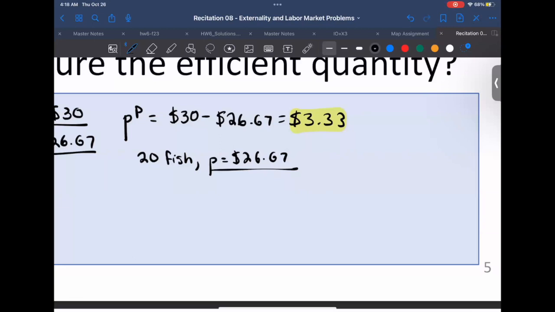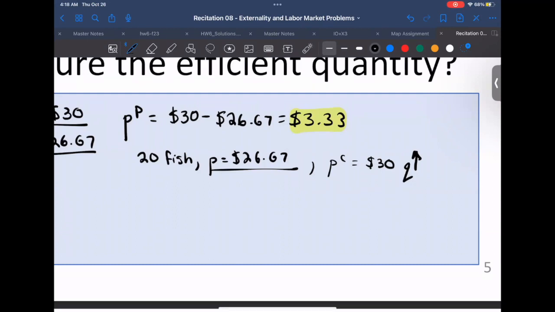Right now, the market is offering them $30, so they have an incentive to jack up the quantity of fish that they catch. Makes sense, because if you can sell it at a higher price, you're going to want to have more things to sell.